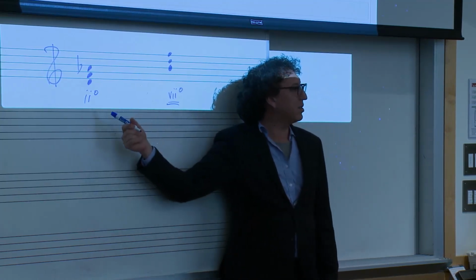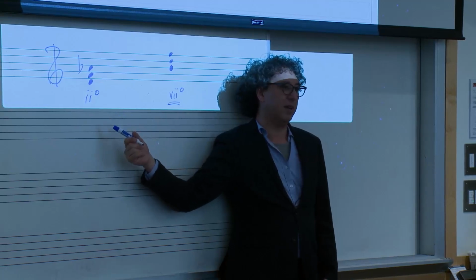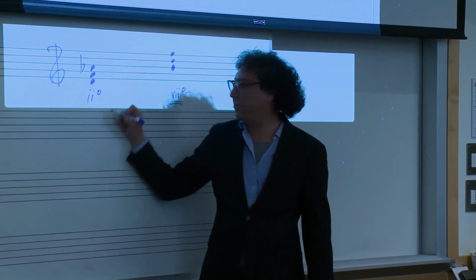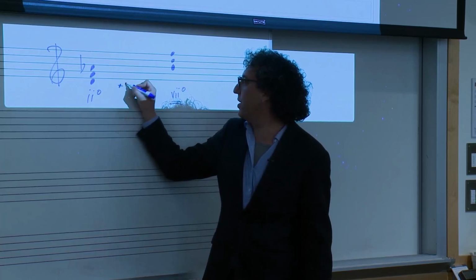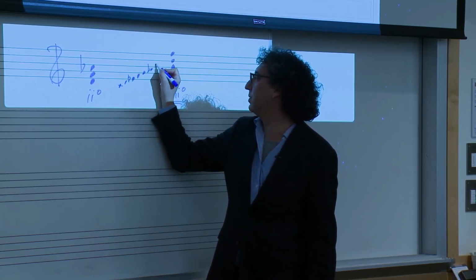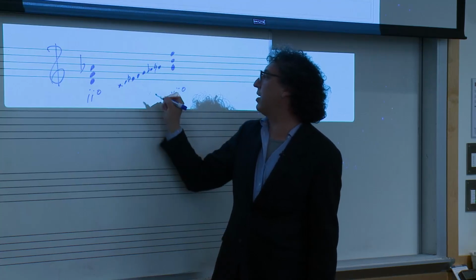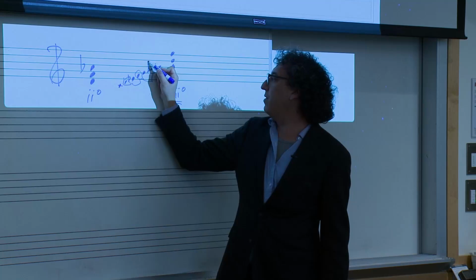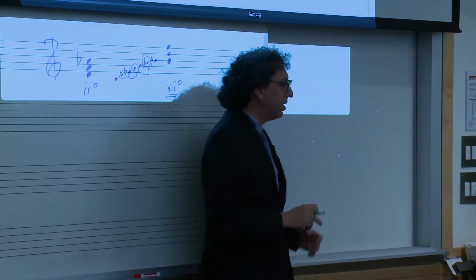But 2 diminished happens quite often. How does it happen in C major? You're borrowing from C minor for a little bit. So these borrowed chords, either flat or natural, and then you end up with that D, F, A flat chord. So that's where that comes in.